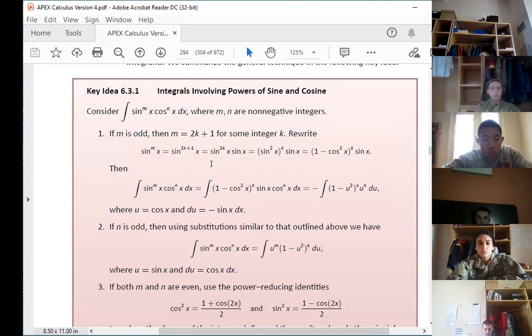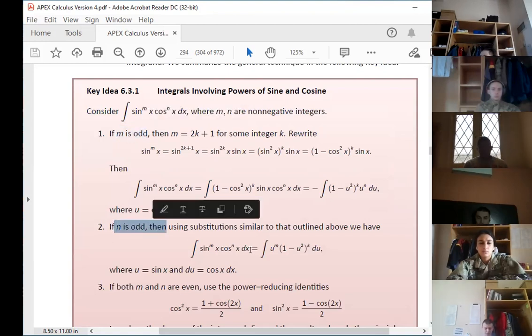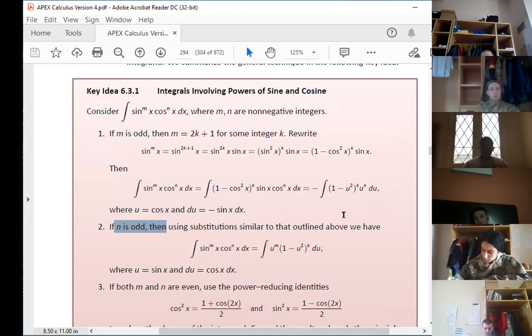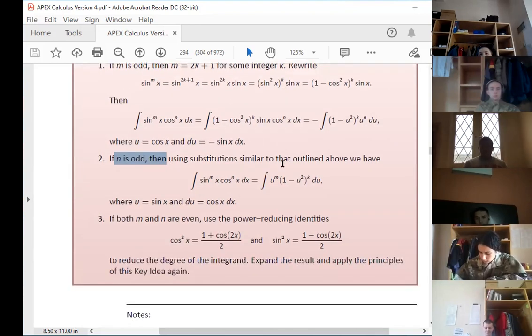But it basically says when you have sine to the m, cosine to the n, I want either m to be odd or n to be odd, and then I can do some substitution where it comes down to peeling off one of these things. If you sort through all this, it will explain to you what we just did. And then if you're in a case where they're both even, it's most unfortunate. There's a different algebraic step to deal with that, which is just also some drudgery.